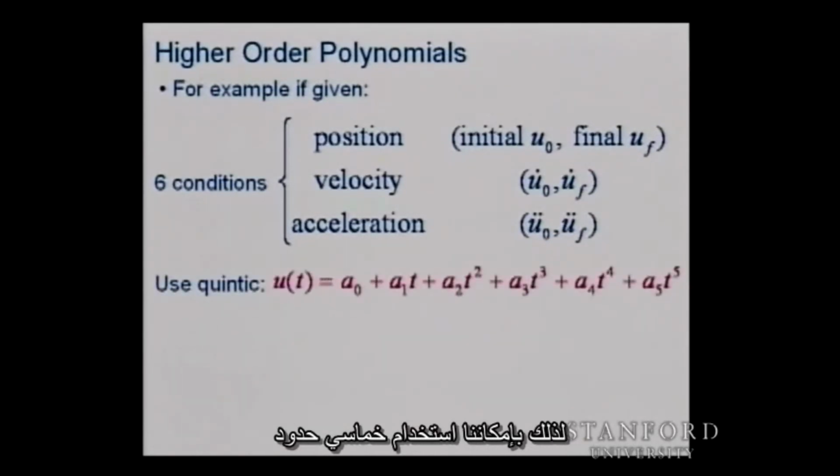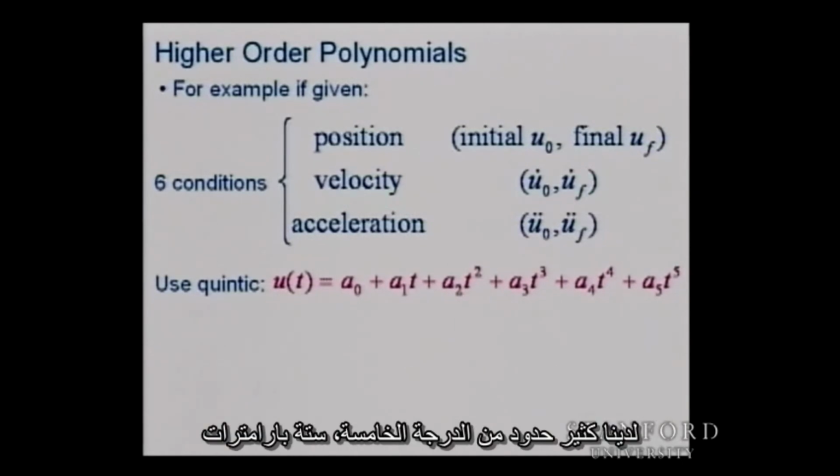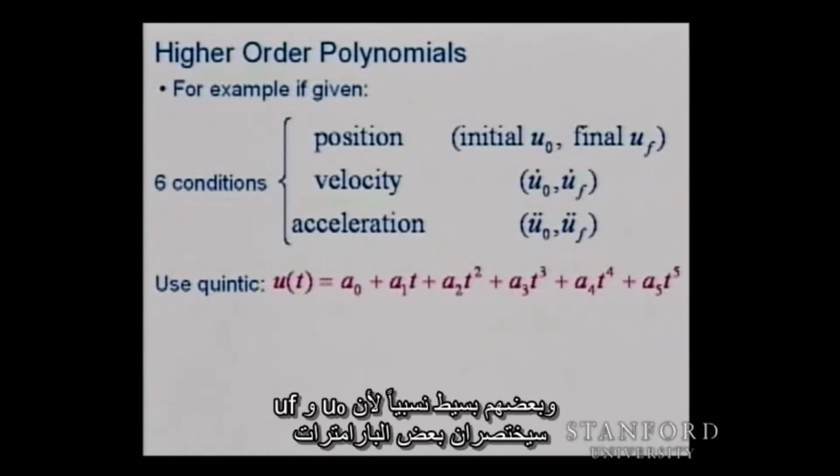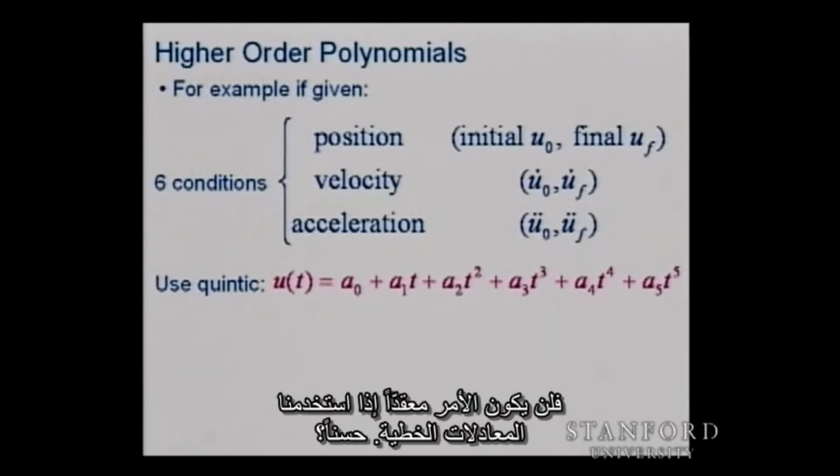So we can use a quintic. We have a fifth degree polynomial, 6 parameters, plug in those conditions there, 6 equations, 6 unknowns. Some of them are relatively simple, since u sub 0 and u sub f will be taking parameters down, so it's not going to be that complicated if we use linear equations for that, okay?